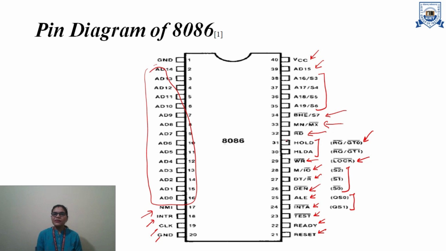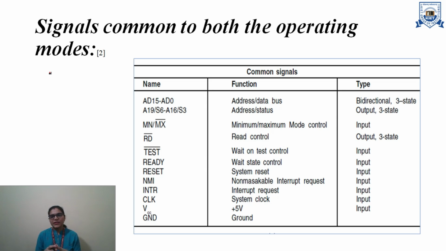So in brief, we discussed about the working of pins. 8086 processor works in minimum mode and maximum mode. And some of the control signals are common to both the operating modes.